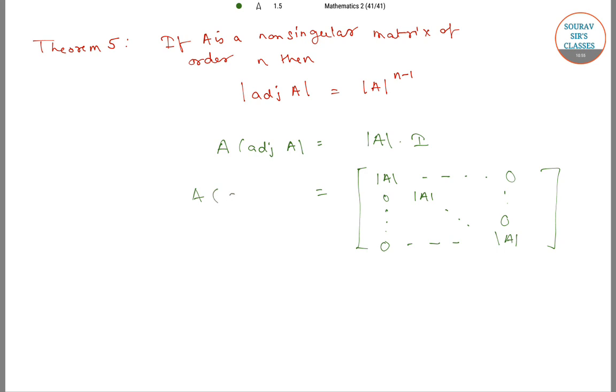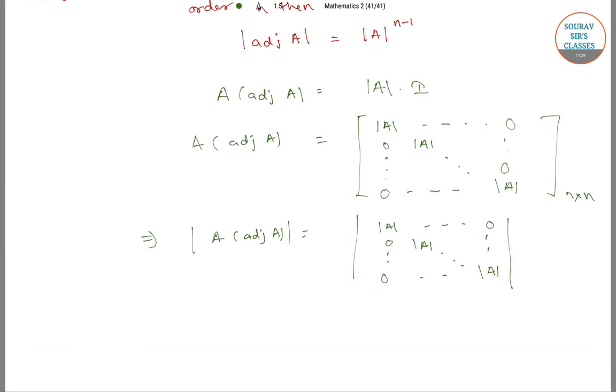So A into adj A is equal to this. Now taking determinant on both sides, we get the determinant of A into adj A is equal to the determinant of this matrix, with |A| on the diagonal and other values 0. Now, this is an n cross n matrix.